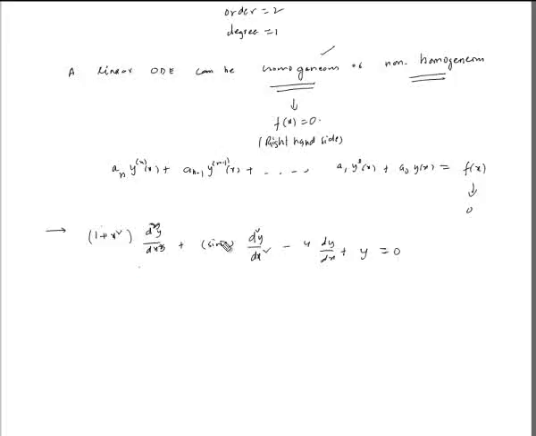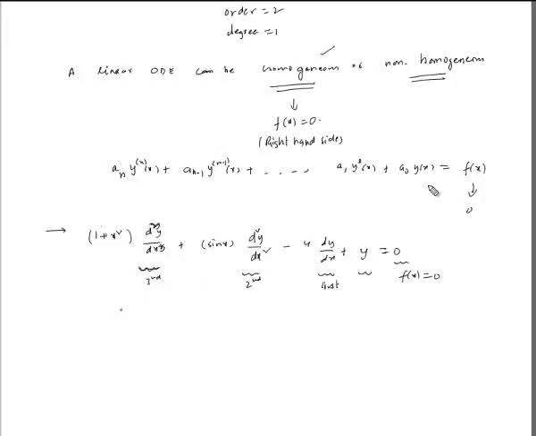So this is expressed in the standard form, where you have the third order derivative, the second order derivative, the first order derivative, and the function y. But this f of x is 0. And here you can see the derivatives are not multiplied together and they are not multiplied with y also, and all have degree 1.